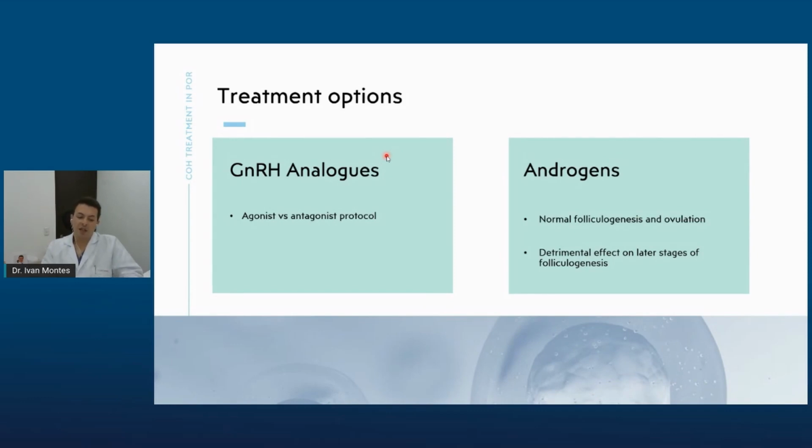And they have found a lower cancellation rate, 10 versus 22%, higher implantation rate, 25 versus 10%, and higher live birth rate, 27 versus 13%, in young poor patients, which were included in Poseidon group number 3, but not in older patients, which were Poseidon 4, undergoing a protocol of ovarian stimulation with agonist versus antagonist protocol. And they concluded that the agonist protocol was more effective than the antagonist protocol for young poor ovarian responders.